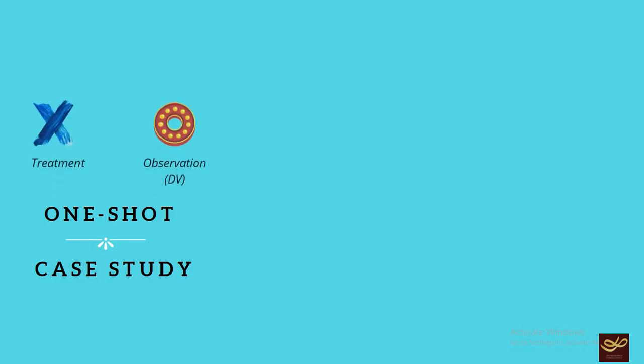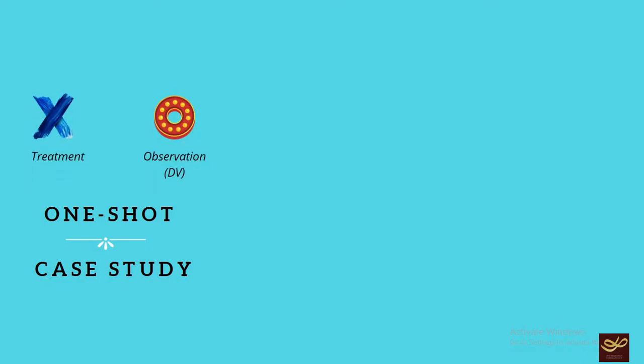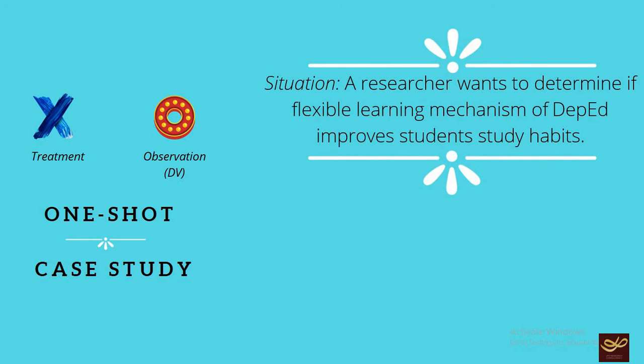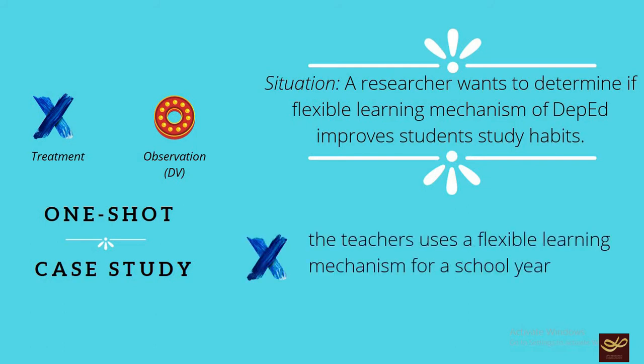So, the one-shot case study design. Here, it is simple. There's a treatment and then you observe. Now let's illustrate this. Situation: a researcher wants to determine if the flexible learning mechanism of DepEd improves study habits. In a one-shot case study, what the researcher will simply do is the treatment.